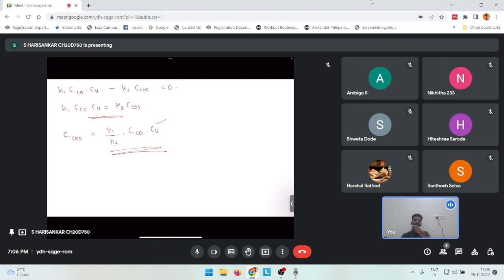So what we will try to do is use the active site balance and try to find a term for Cv. So what is this active site balance?